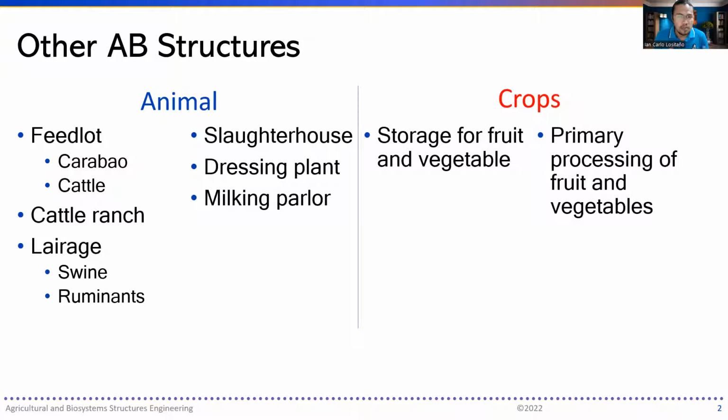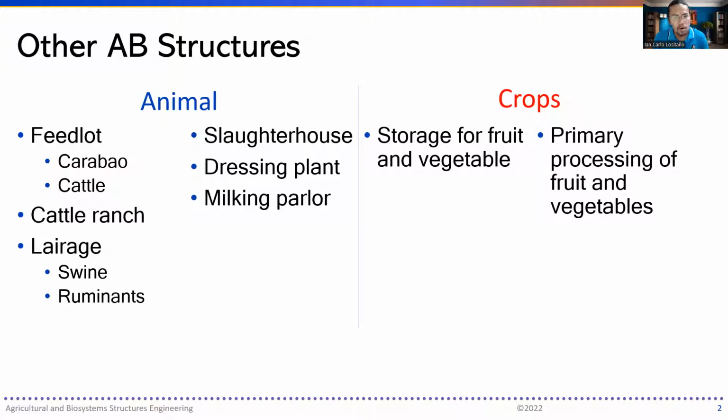And so these are actually very extensive in literature. So the discussion will focus on those that have standards already as adopted by either the Philippine National Standards or the Philippine Agricultural and Biosystems Engineering Standards.